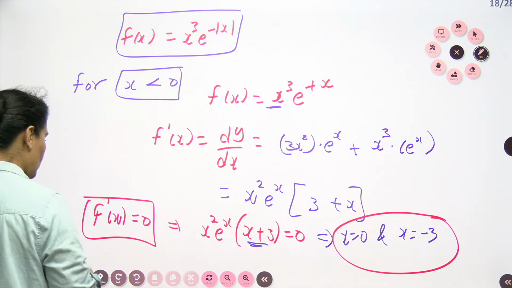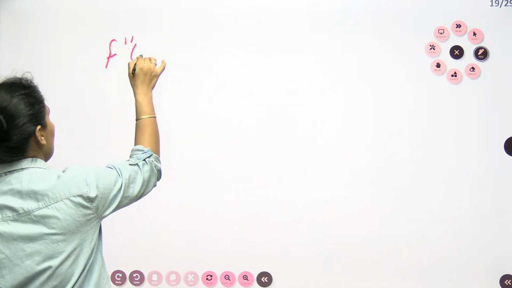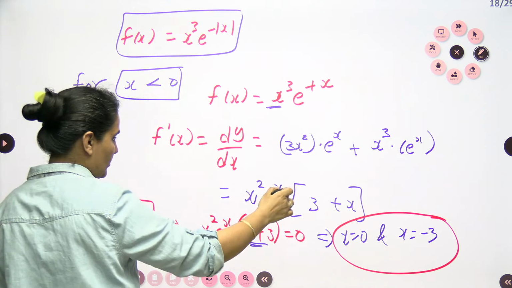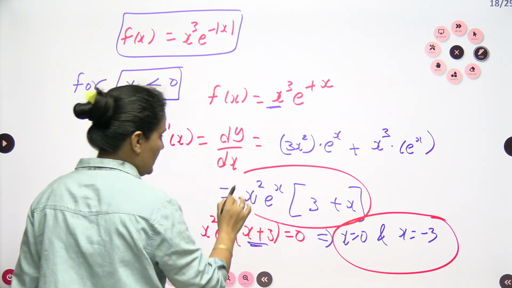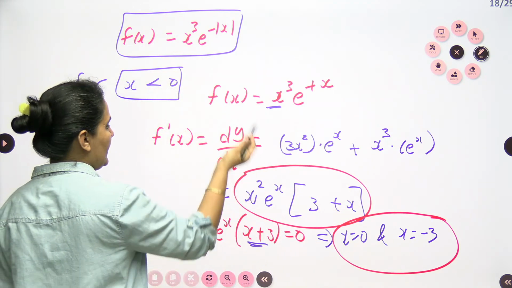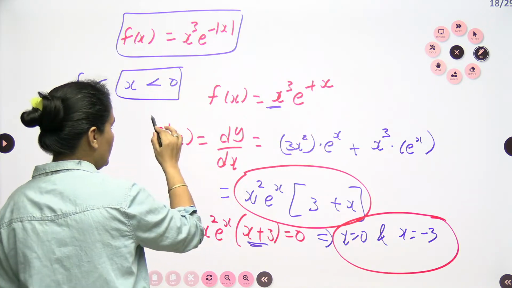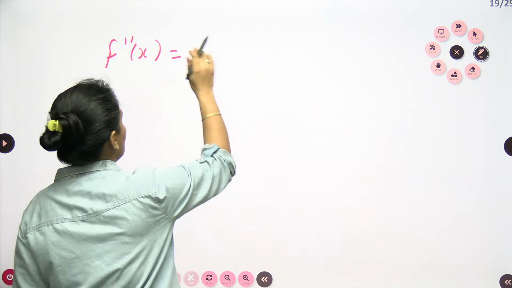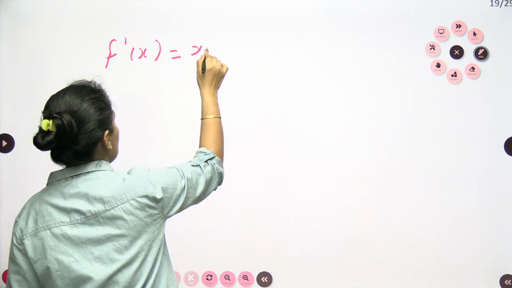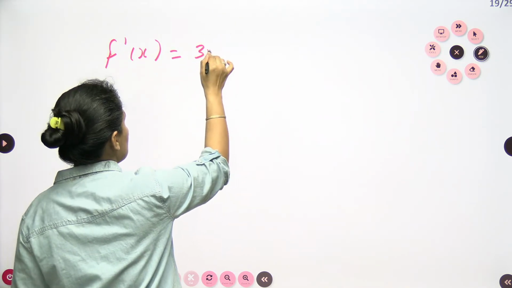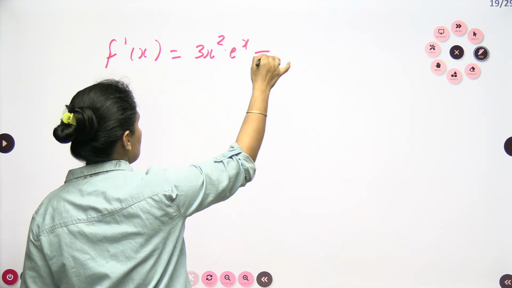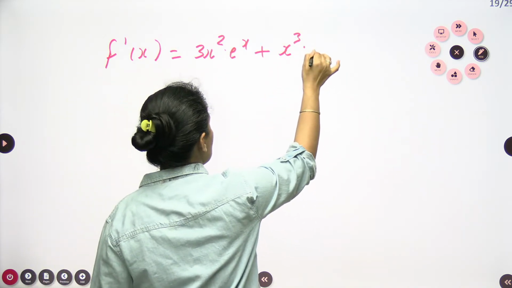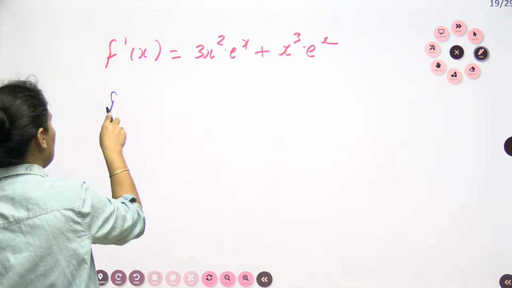So what we need to do, we need to check the double order derivative f double dash x. Let's find out the double order derivative of this one. Let me write down f dash x is here 3x square e to the power x plus x cube e to the power x. I need to find out the double order derivative.